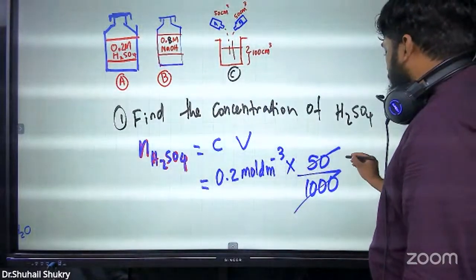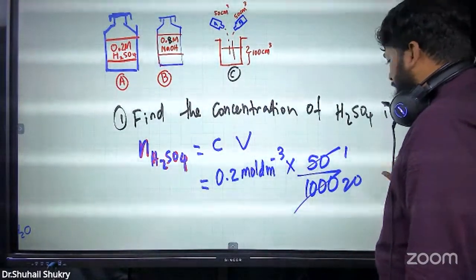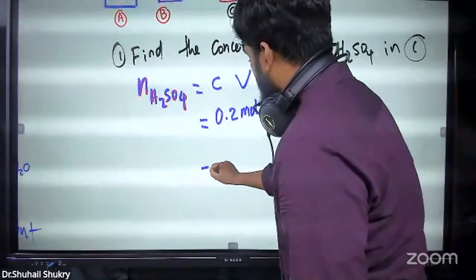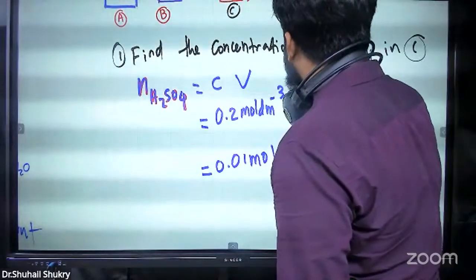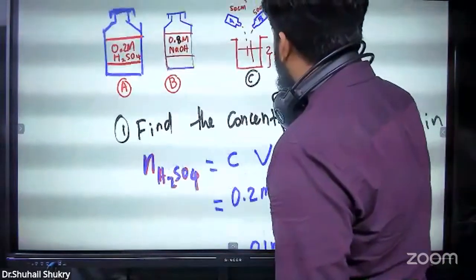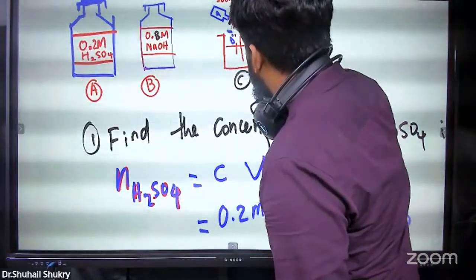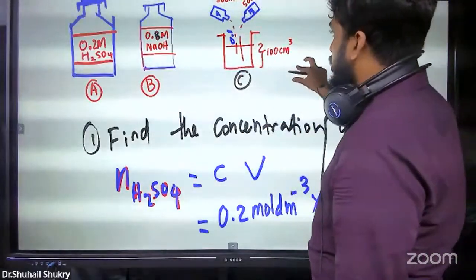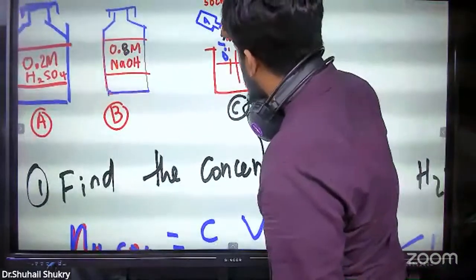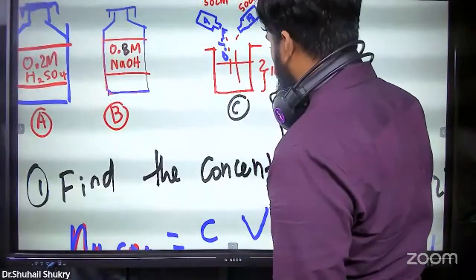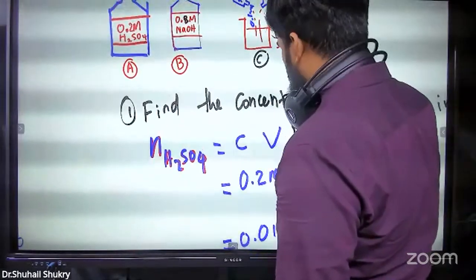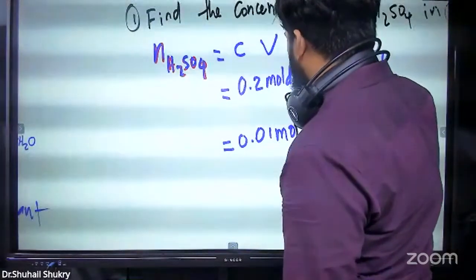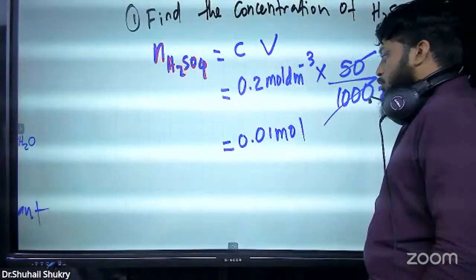Already we found this in the previous one. This answer will be 0.01 mole. Now, what does it mean? You have put 0.01 mole of this. Can you understand? If you have put 0.01 mole of this, what can I do?